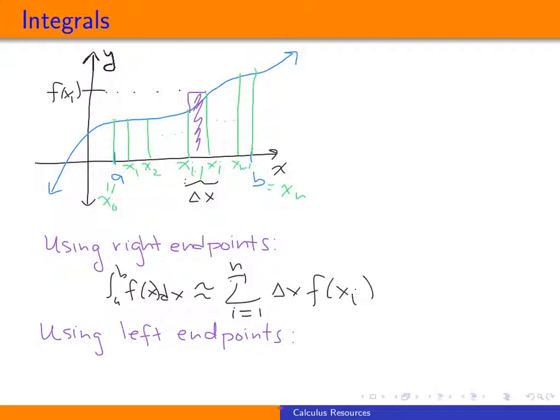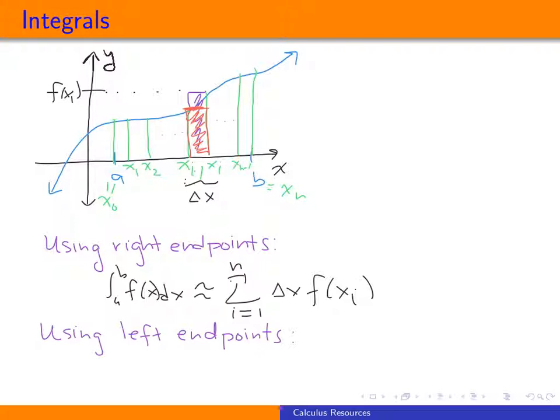We could do the same thing. We could build rectangles using left endpoints. So I would go up to that ith interval, and I would look at x sub i minus 1 to get the height. And instead I would have this rectangle right here, and I would be using that area in my approximation.